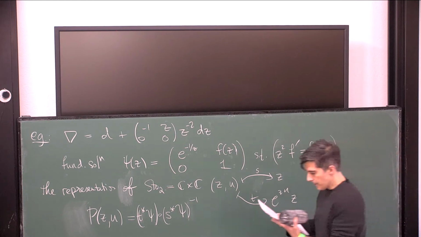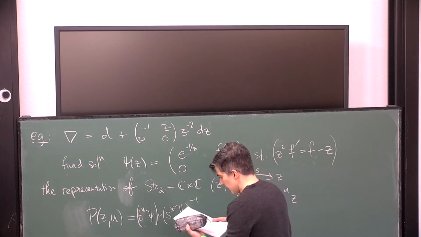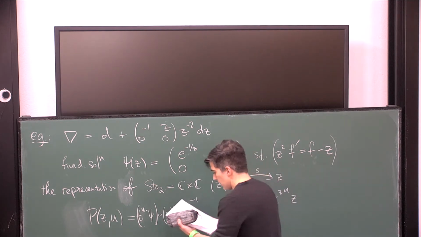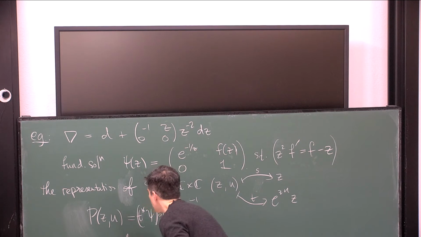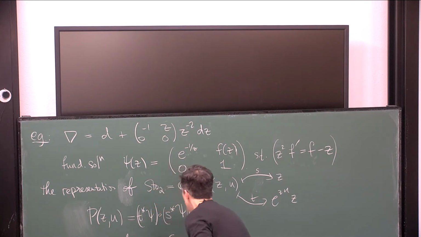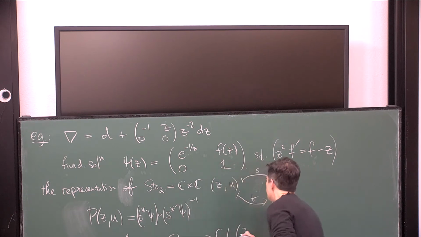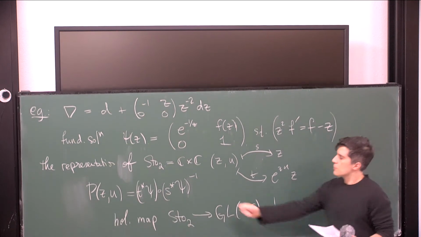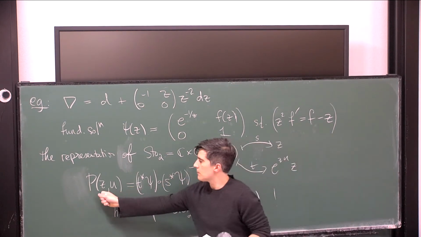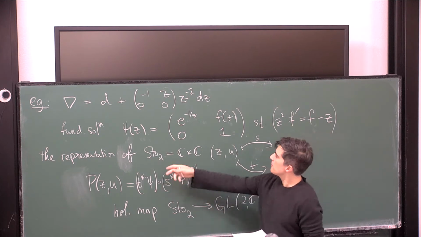And this thing is a holomorphic map from STO2 to GL2C. This is the true solution. This representation is the true solution, and you can kind of see what's going to happen.